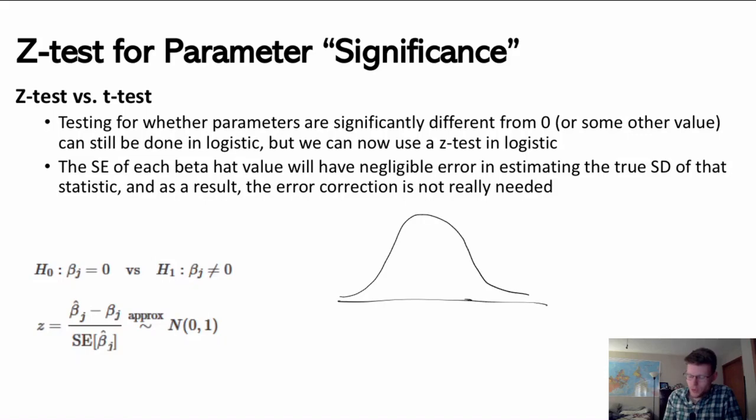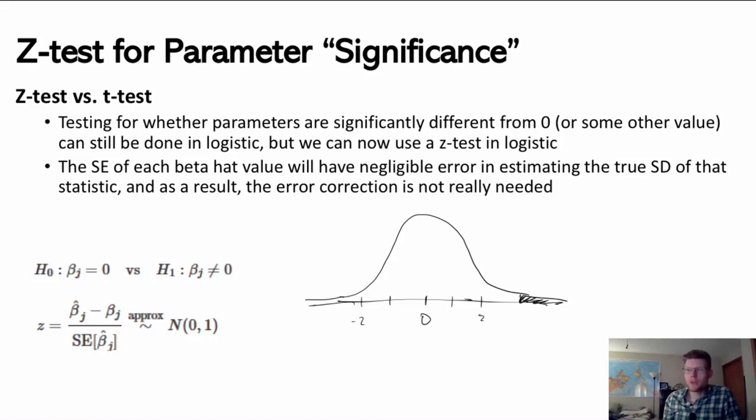If we get a test statistic, a z-value, that's out here somewhere on the normal distribution, not the best normal distribution I've ever drawn, what that's telling us is that if the parameter really was 0, then the beta hat value that we observed is pretty unusual to happen by random chance. So whenever we get an extreme p-value, it means that we have evidence that this parameter is not actually equal to 0, that this variable is adding predictive power as a predictor in this model.